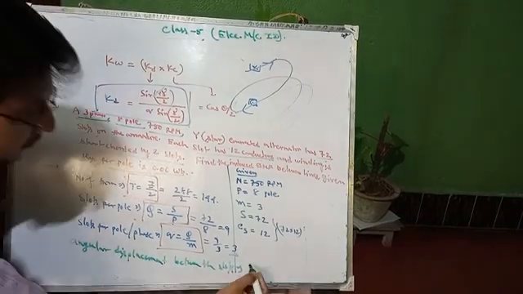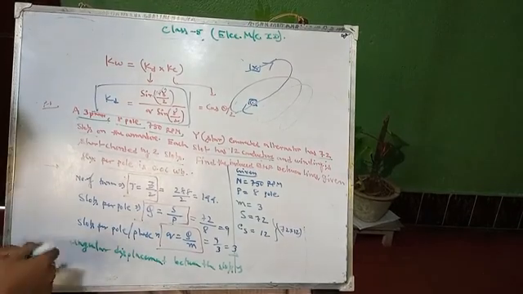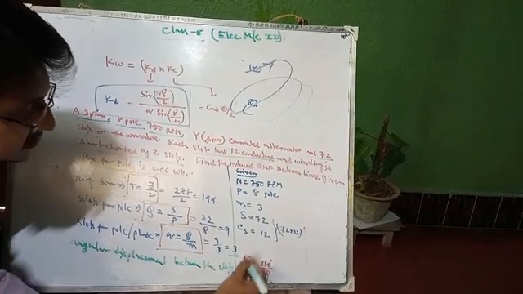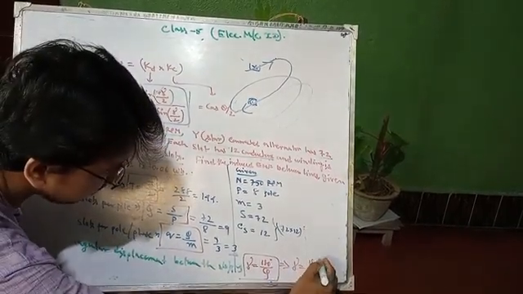Last day I discussed angular displacement. What is the formula? Gamma equals 180 degree by capital Q. Here this is another formula.